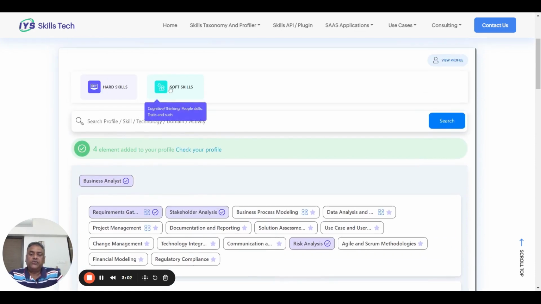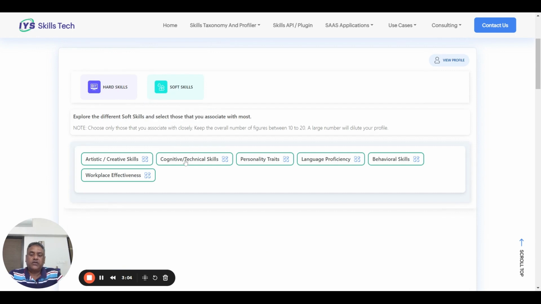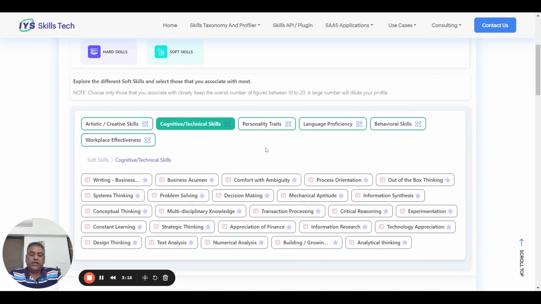Then we come to the soft skills. The soft skills have cognitive skills, technical skills, or the behavioral skills, language proficiency, artistic, creative skills, workforce effectiveness. Under the cognitive skills, we have the different skills there, and also explanations have been given.